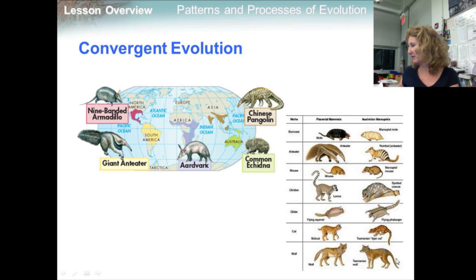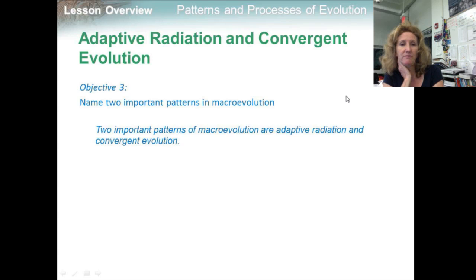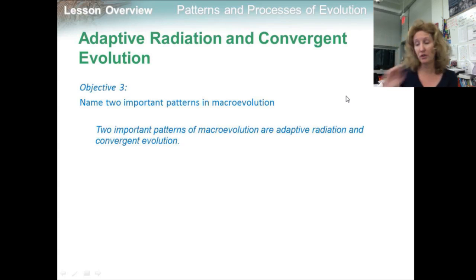You have another example over here of different types of animals, placental mammals and Australian marsupials. Different locations, but similar body plans. So objective 2, name two important patterns in macroevolution. Two important patterns in macroevolution are adaptive radiation and convergent evolution.